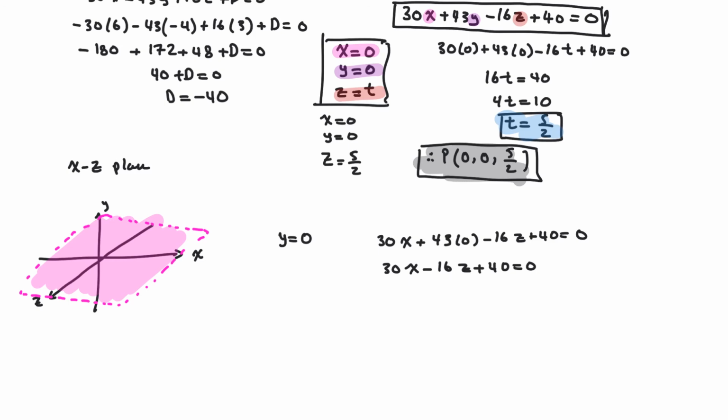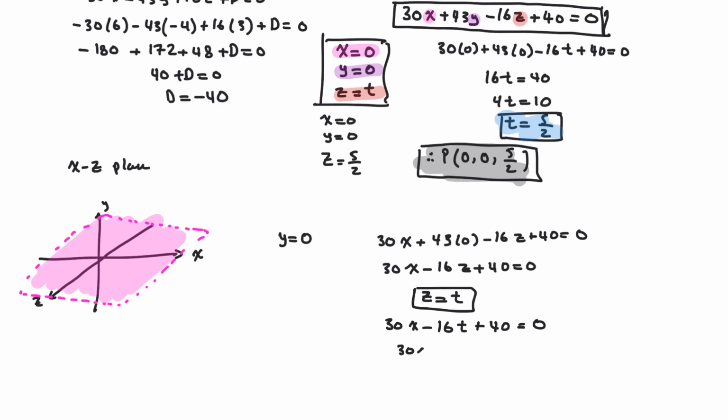It doesn't actually matter in this case, but I am going to let z equal my parameter t, and I will write 30x minus 16 instead of z, I'm going to use t, plus 40 is equal to 0, and I'm going to solve for x in terms of t.